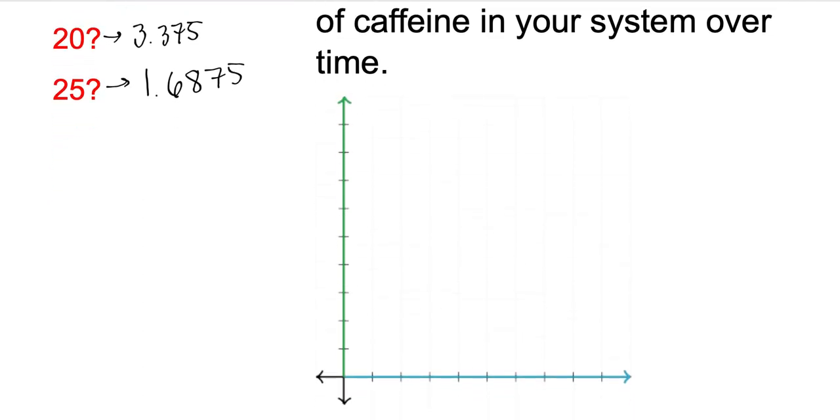All right, and let's just say that this is 5 hours, 10 hours, 15 hours, 20 hours, 25 hours, 30 hours, and then over here, this would be our milligrams of caffeine. So let's do maybe the same thing on this axis. So 5, 10, 15, 20, 25, 30, 35.